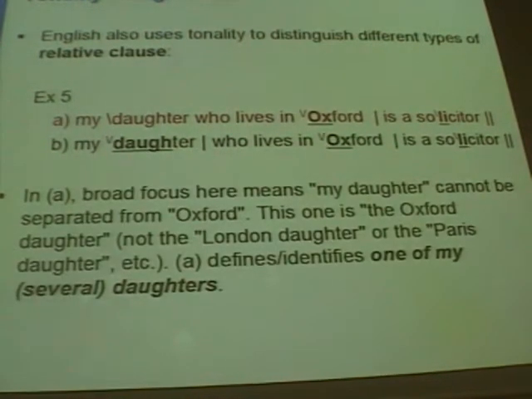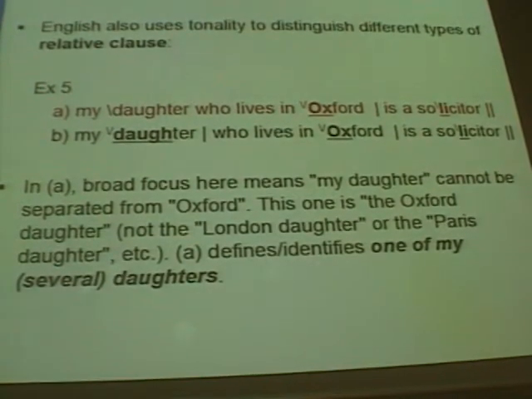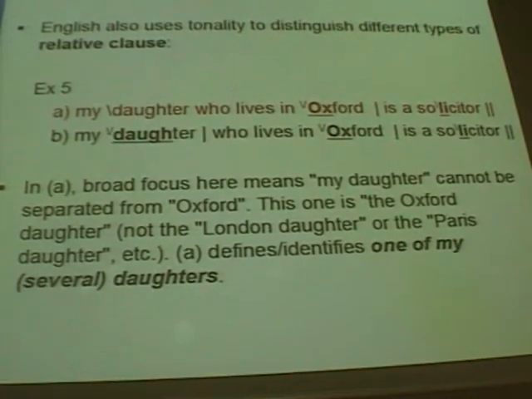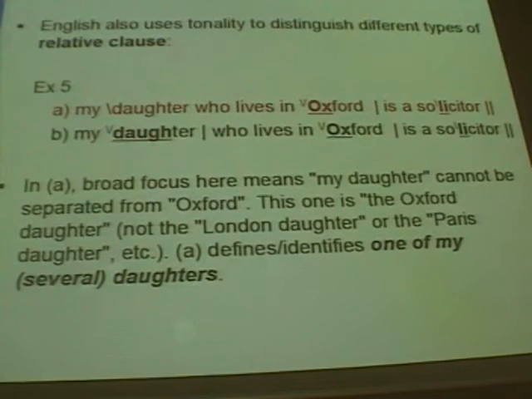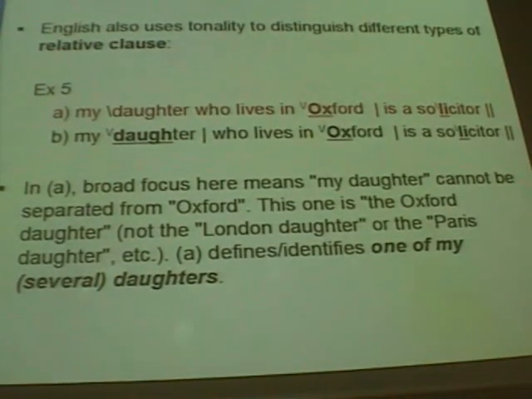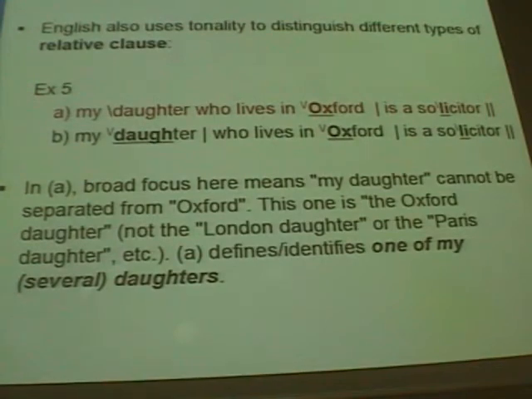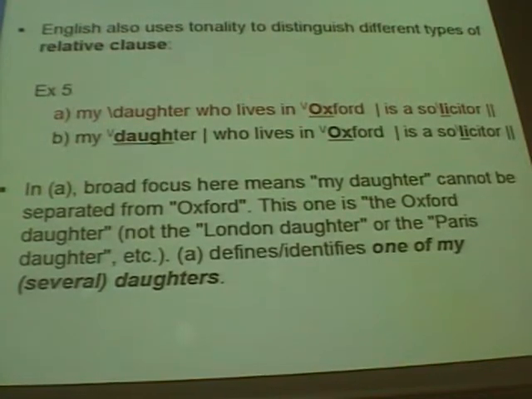Well, in A, we've got broad focus in that first group with the nucleus on the first syllable, the stressed syllable of Oxford. And what this means is that my daughter cannot be separated from Oxford. This is all part of what I want you to understand. So this one is the Oxford daughter, as opposed to, for example, my London daughter or my Paris daughter.